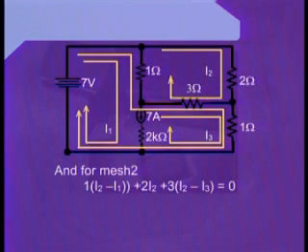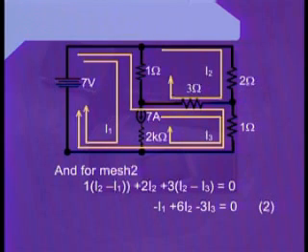Therefore, the third term will be like that, plus 3 into I2 minus I3, and we equate all these terms to 0. Simplifying it, we can write minus I1 plus 6 I2 minus 3 I3 equals 0.